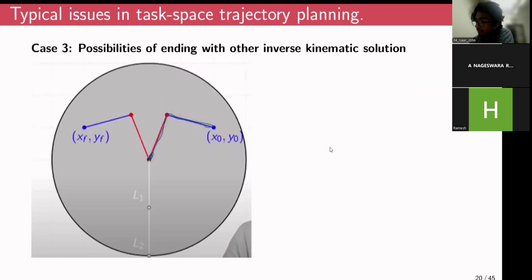Ideally, the final position should have ended up in a configuration something like this.